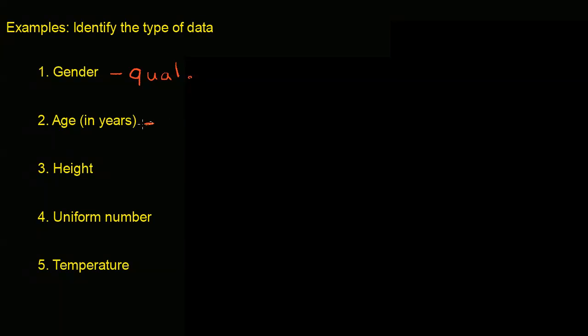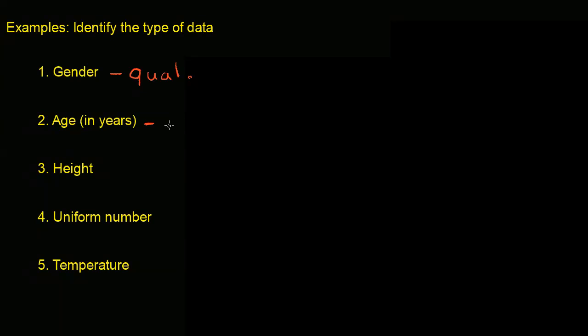Now your age in years. If we were to ask everyone how old they are in years, they'll give us numbers like 18, 13, 17. They'll be countable numbers. They shouldn't really be giving us their age as 13.1 or something like that. They should tell us that they're 13.